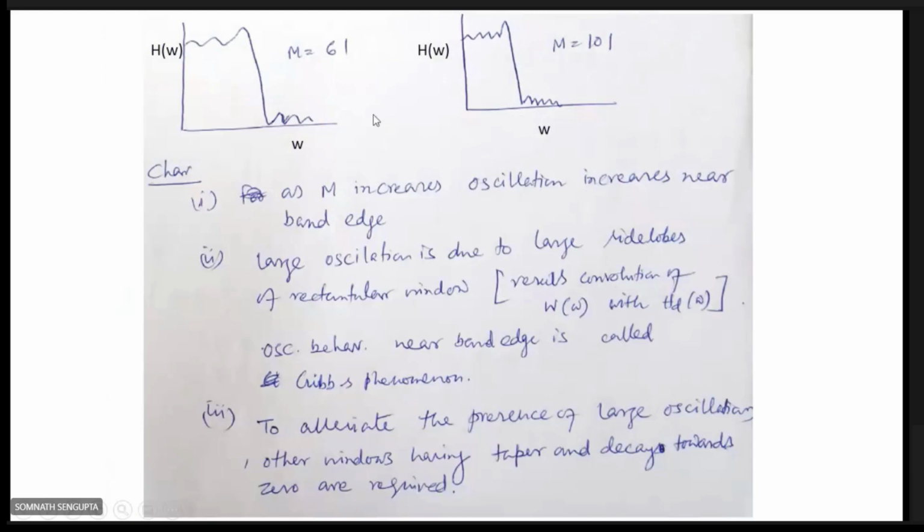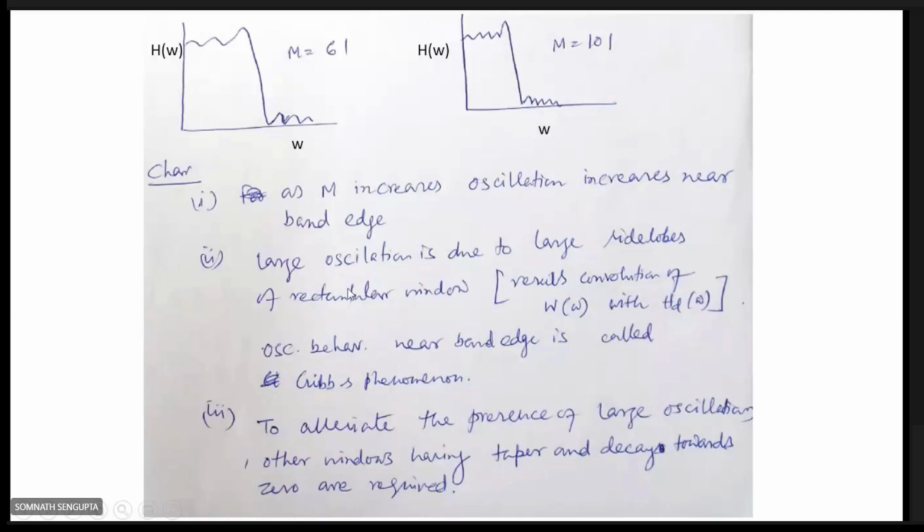Some graphs regarding the number of samples are given, with some comparison and some characteristics. You can see that as M increases, oscillation increases near the band edge. For higher values of M there is more oscillation, and the large oscillation is due to the large side lobes of the rectangular window.